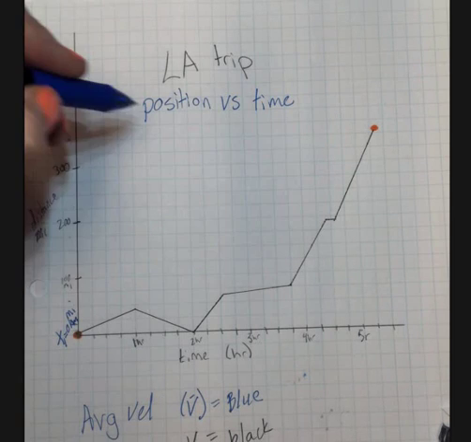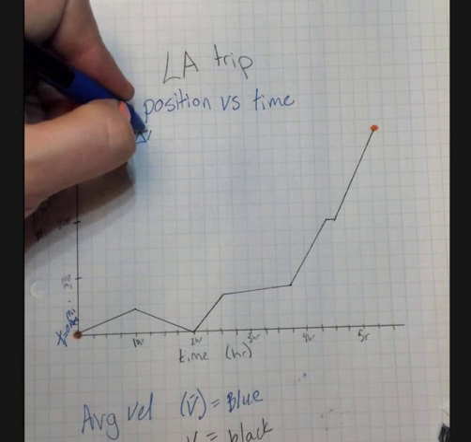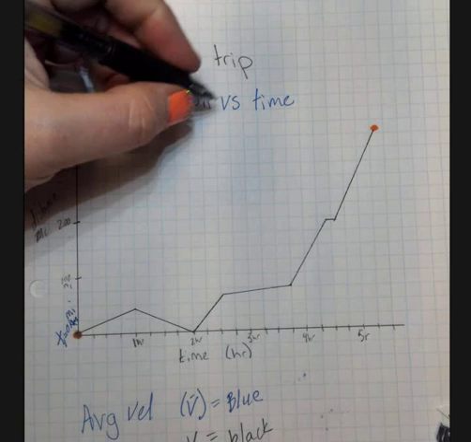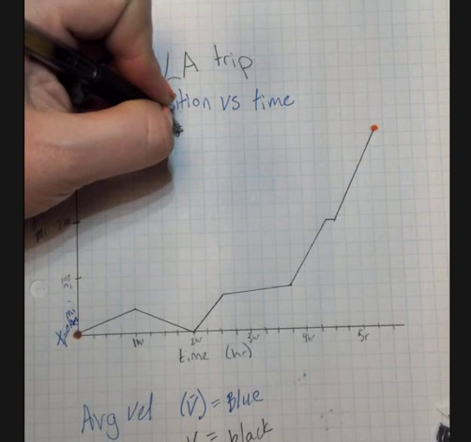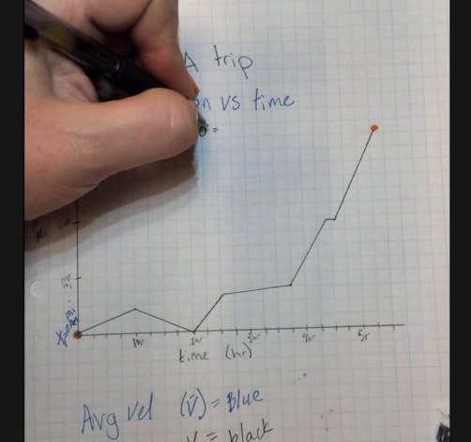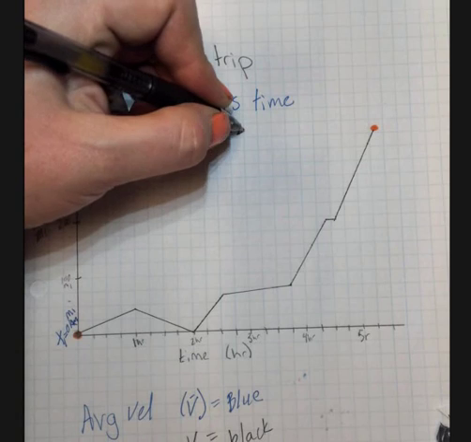All right, so your delta x for this is going to be 352 minus 0 equals 352 miles.